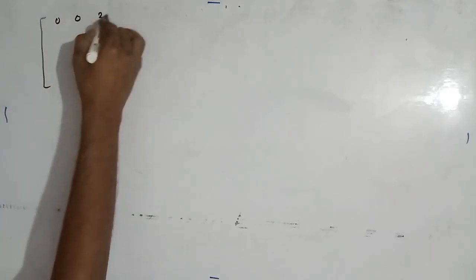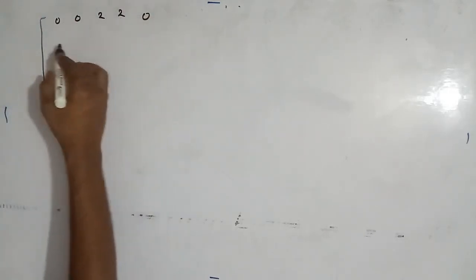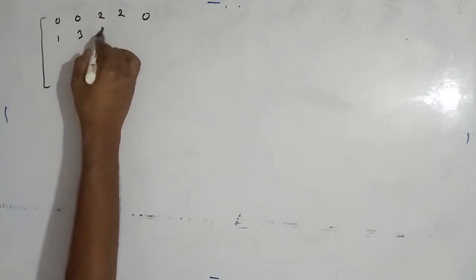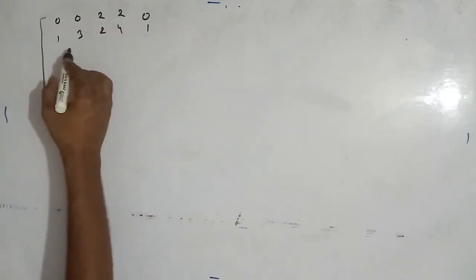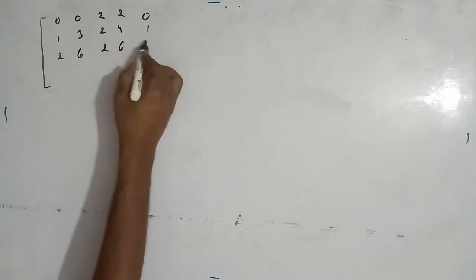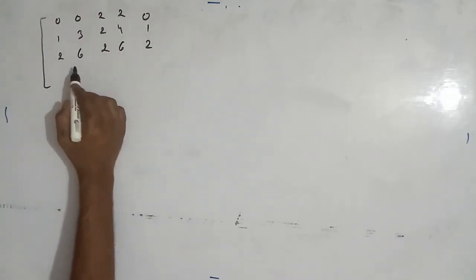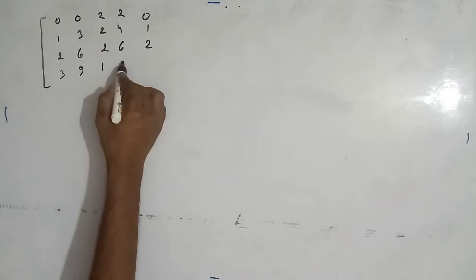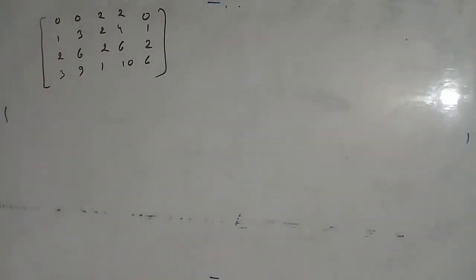The matrix is 0 0 2 2 0, 1 3 2 4 1, 2 6 2 6 2, and 3 9 1 10 6. So we have to find the rank of this matrix by reducing it to row reduced echelon form.